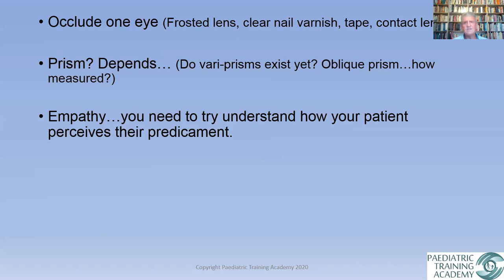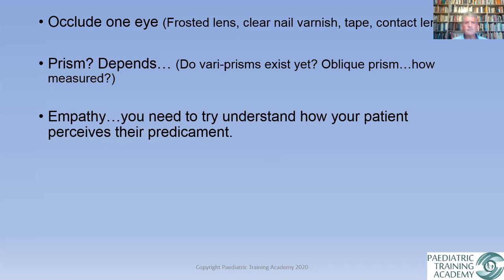A frosted lens is much more noticeable. So clear nail varnish works well. If it doesn't work, a bit of acetone and it's off and nobody's lost anything. Sellotape has been used in the past. You can use a contact lens, blur the eye out, but then of course you've got all the rigmarole that comes with contact lenses and increased infection rates and the whole hassle factor of contact lens wear.